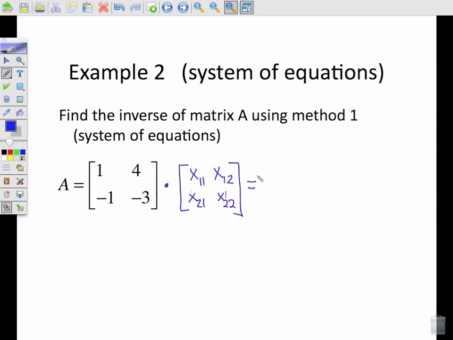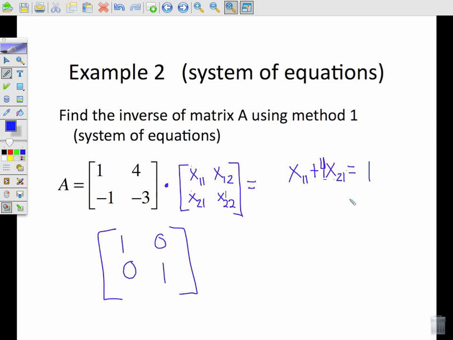If I multiply these together, I'm going to get an equation: 1 times x11, so x11, plus 4x21, and since I want this to equal my identity matrix, I know that the product of that first row, first column has to equal 1.